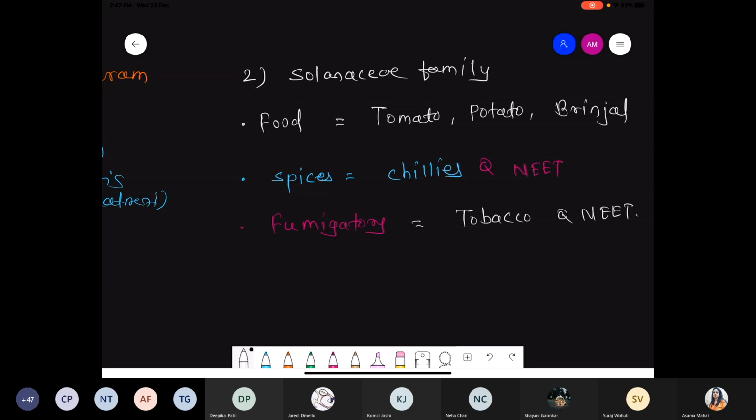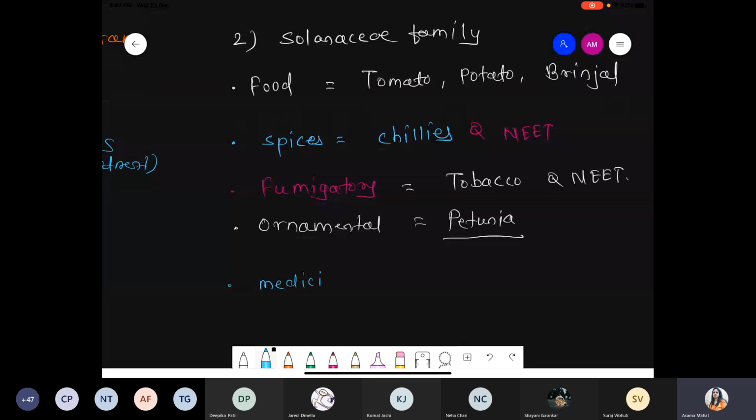Another one we are talking about as an ornamental. So petunia acts as an ornamental. Next one we are talking about as a medicine. So there are many categories in this, but we have to focus only on two examples. Number one is ashwagandha. First one, ashwagandha.